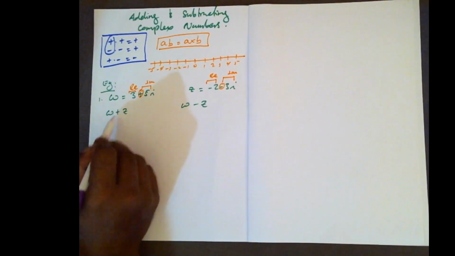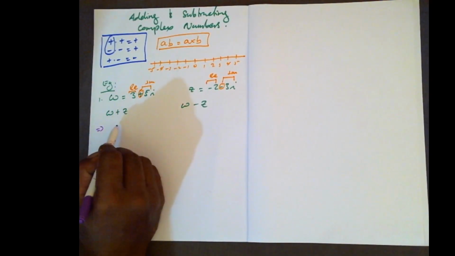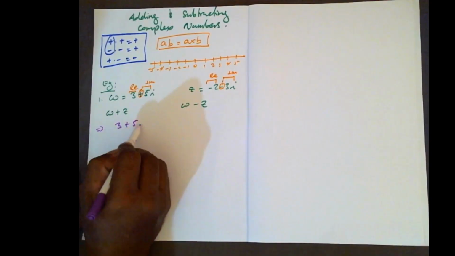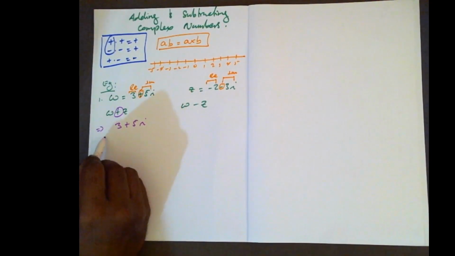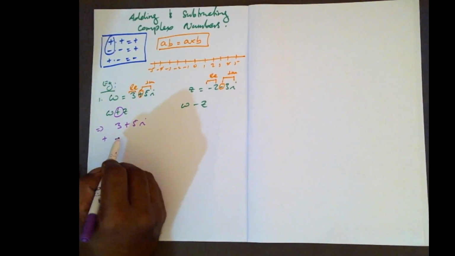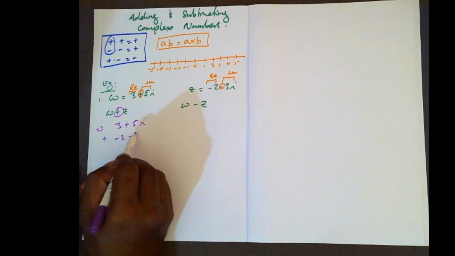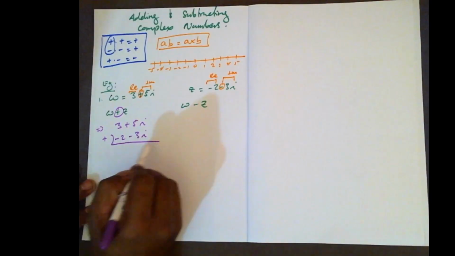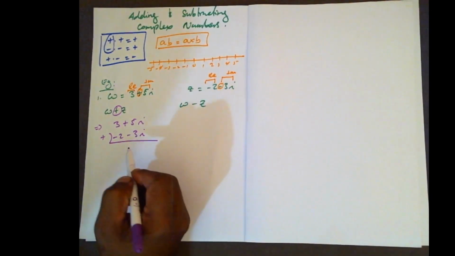What is our omega? Our omega is 3 plus 5i, plus, since this is plus, what is our z value? Our z is -2 minus 3i. Now let's calculate.